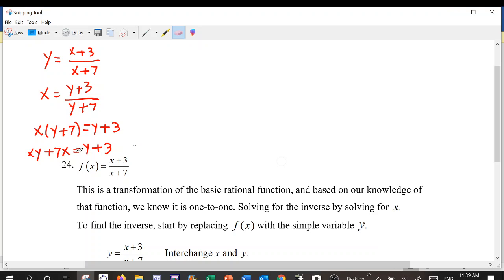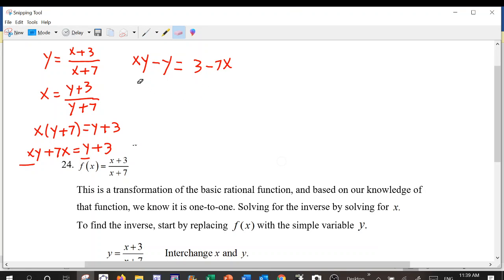Now move all the y's to one side. So I'm going to keep the xy here. Move this y to the left side, make it minus y. So we took care of that too. Then equal to, we keep the 3 here. Now we'll move the 7x to the other side, it would be minus 7x, right?